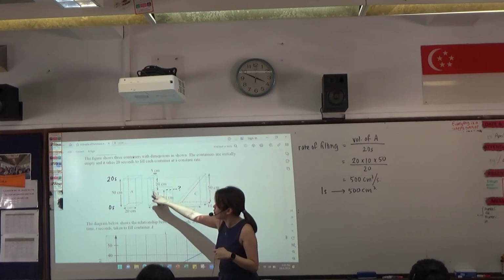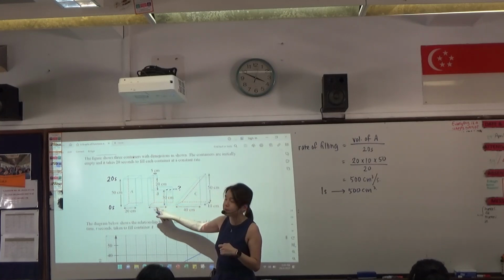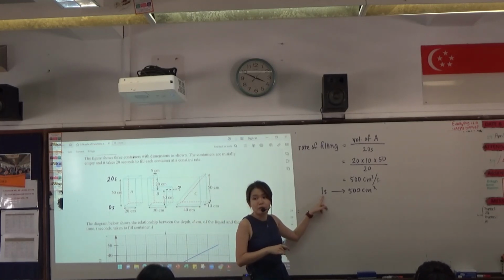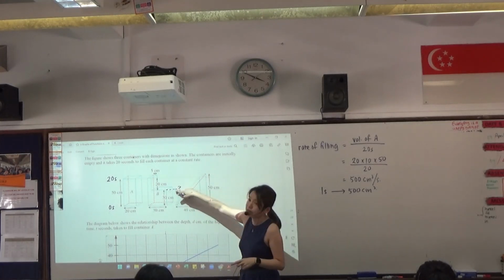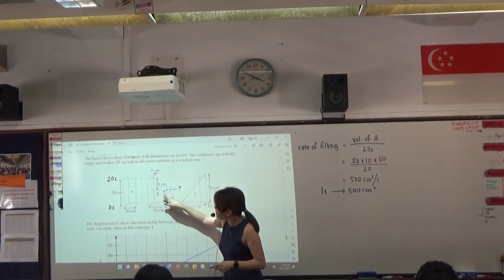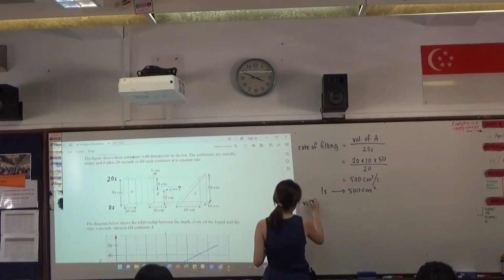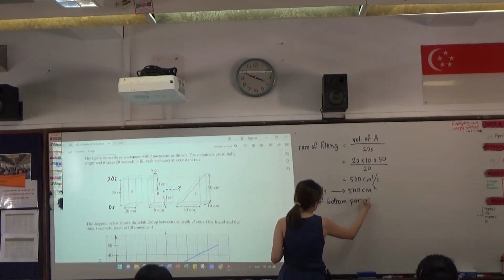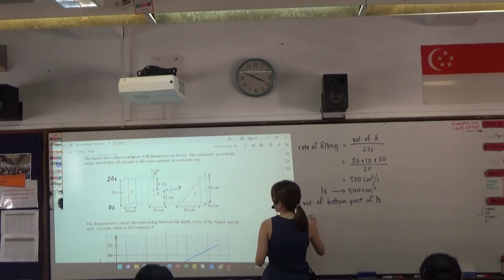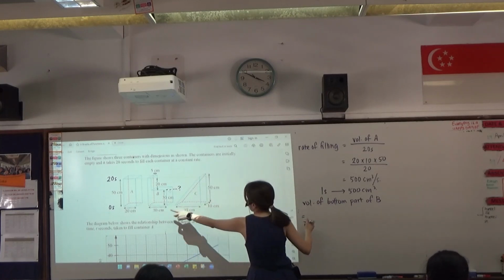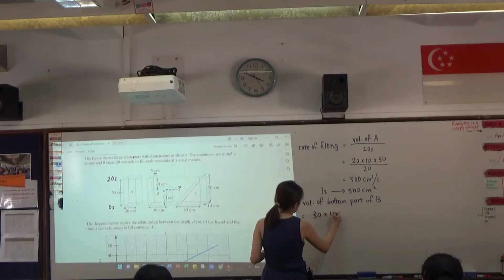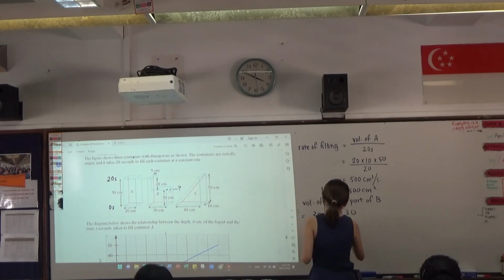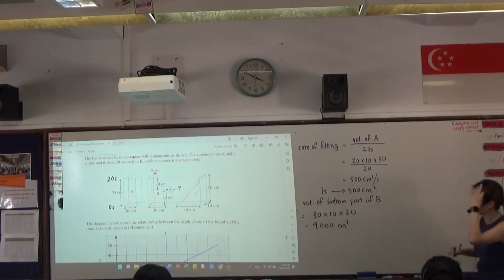If I can tell what is the volume for the bottom segment of container B, I will be able to know what time it is going to be at this height. Alright? So the volume of the bottom segment is actually 30 times 10 times 30. And that will be 9,000 cm3.